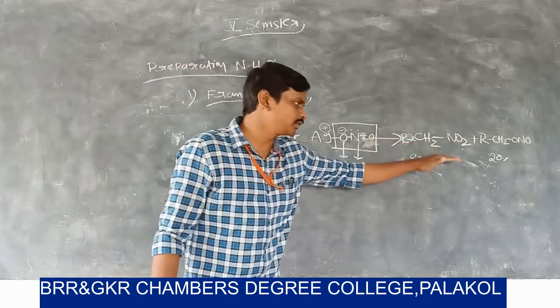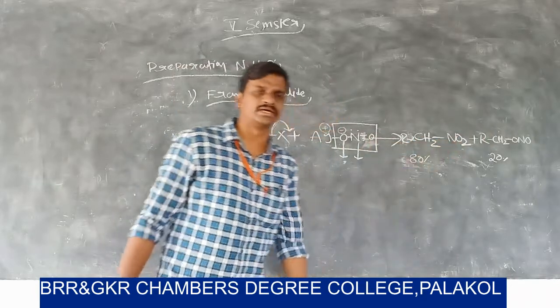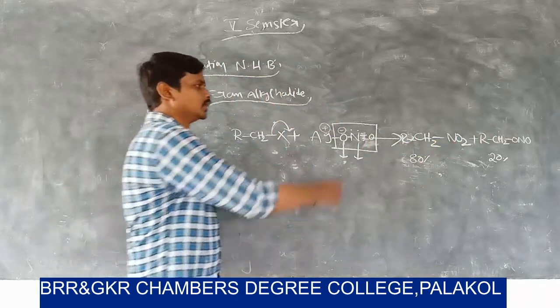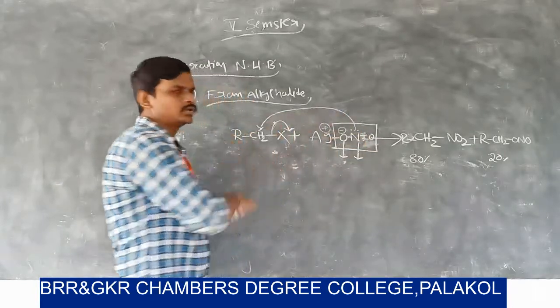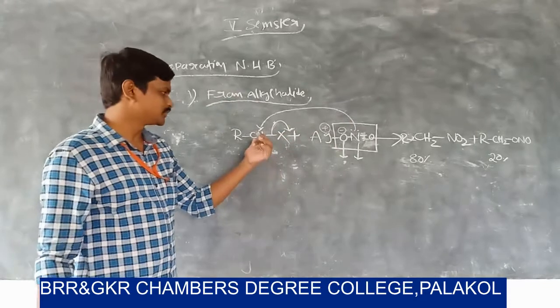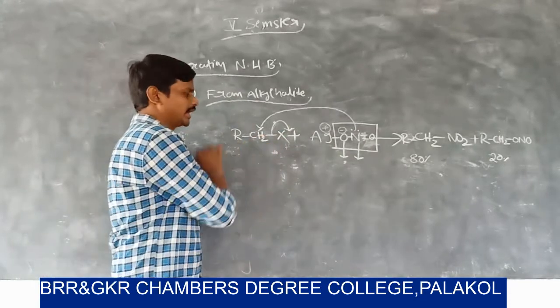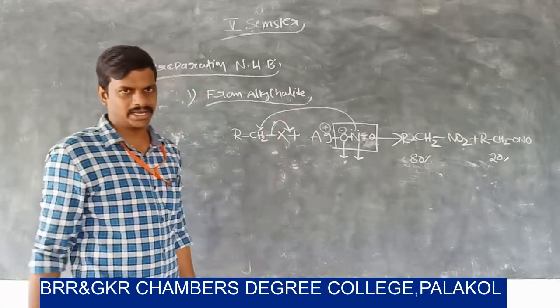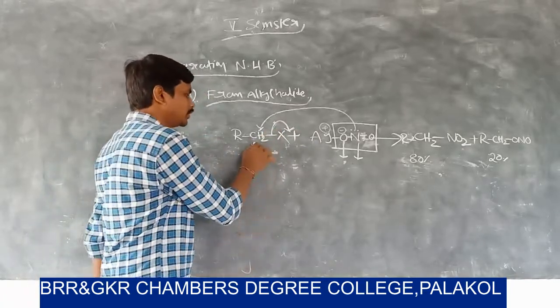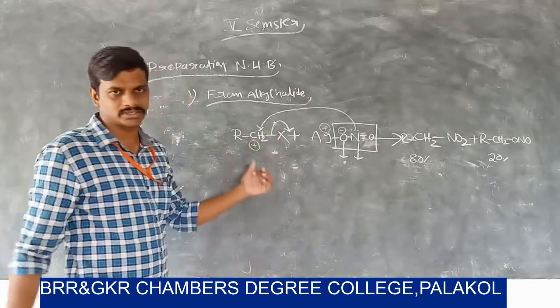How can we get nitrohydrocarbon and how can we get alkyl nitrite? Nitrohydrocarbon is formed by the attack of the lone pair of electrons on the nitrogen atom at the positive carbon atom. Here halogen cleaves from the molecule as halide ion and the carbon gets positive charge.